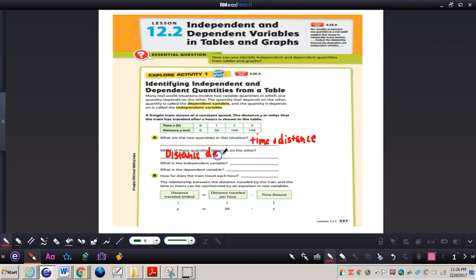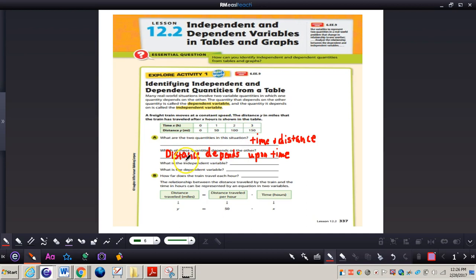Because depending upon how much time has passed, that's how far the train has traveled in miles. So distance depends upon time. In other words, you can only have 50 miles after 1 hour has passed. You can only have 100 miles after 2 hours have passed. So distance is dependent on time. Time is not dependent upon distance at all.